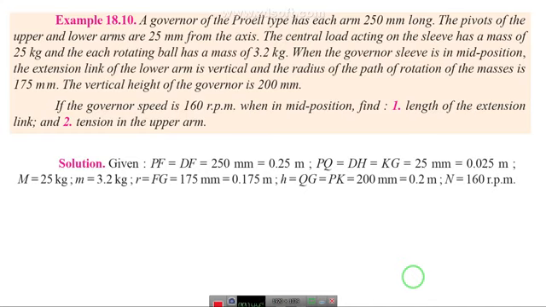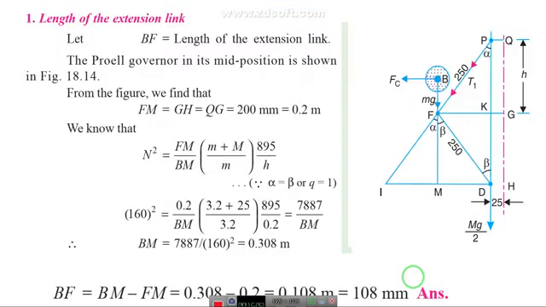The vertical height of the governor is given, that is 200 mm. Now they asked to calculate the governor speed when it is at 160 rpm in the mid position. The extension link length and the tension of the upper arm we have to calculate. So the length of the extension link we have to calculate.